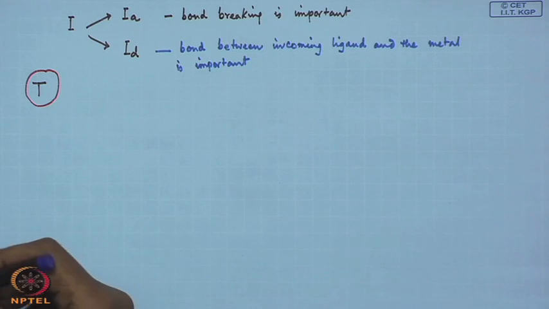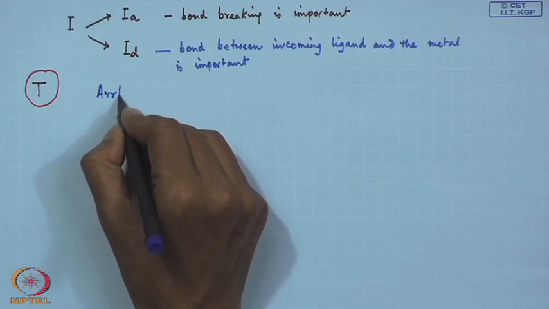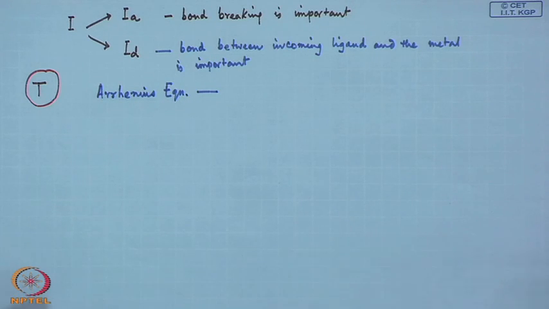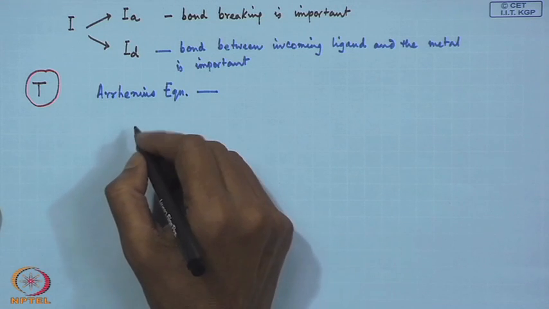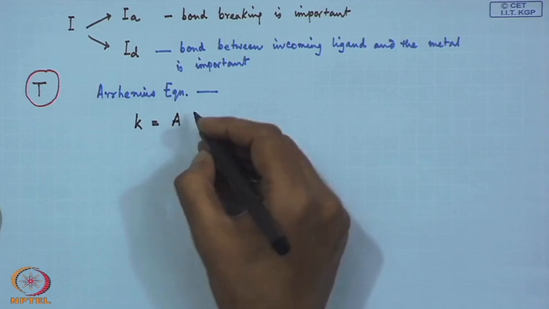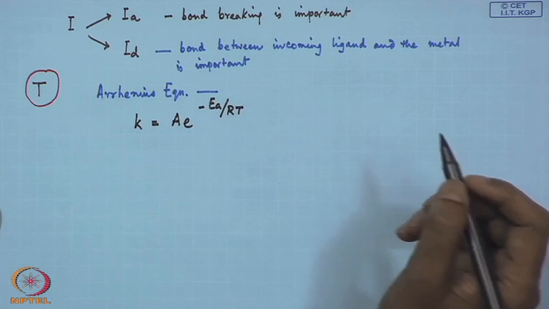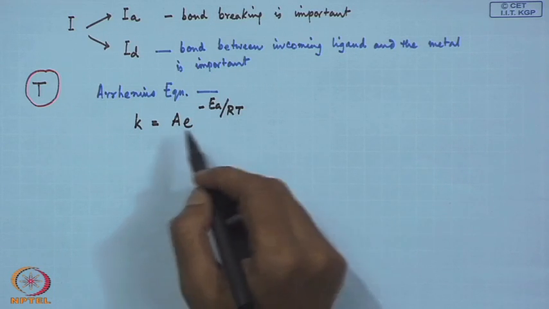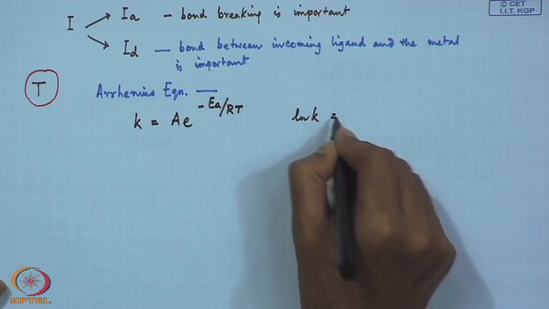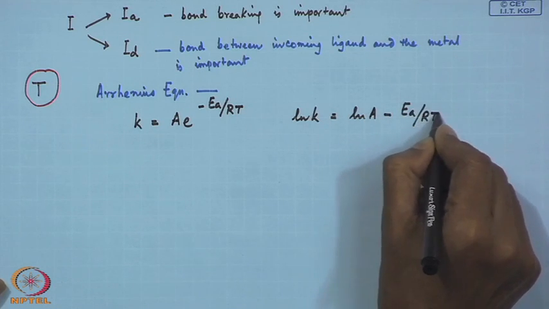Now, if we consider the temperature, we have the Arrhenius equation, where the rate of the reaction K is equal to A e to the power minus E A by R T. E A is the energy of activation, K is the rate constant, and A is the constant, or ln K is equal to ln A minus E A by R T.